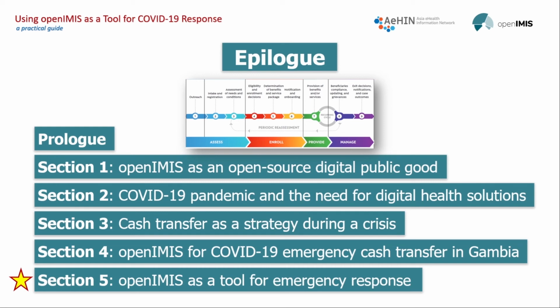We then discussed specific functionalities of openIMIS that can be used to facilitate the processes involved in each phase. We then hoped this exercise can promote the use of digital information systems and social protection schemes for COVID 19 and beyond.